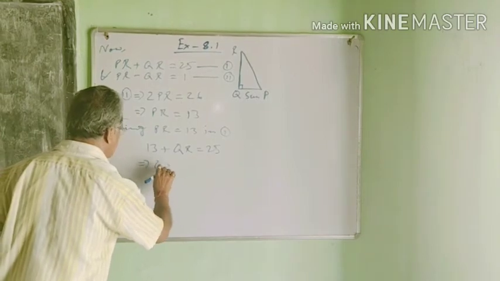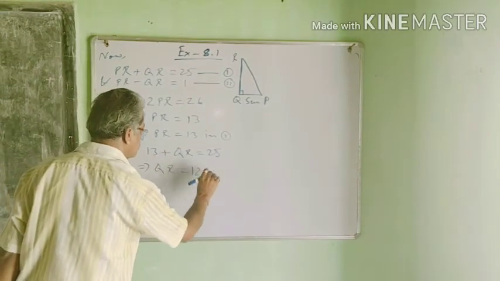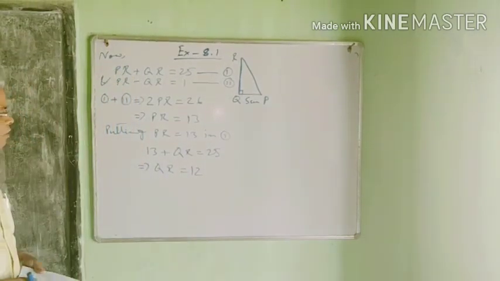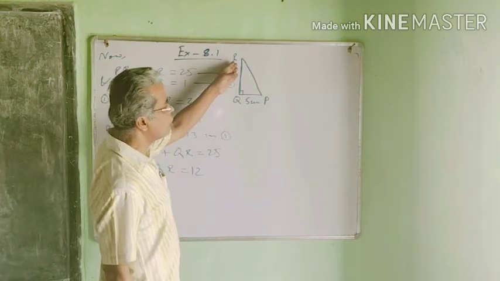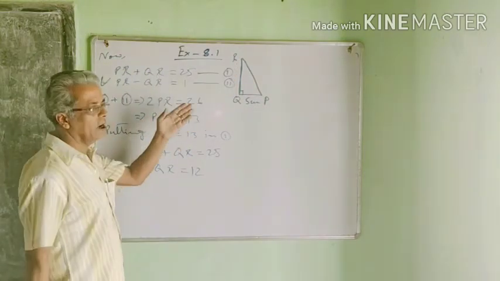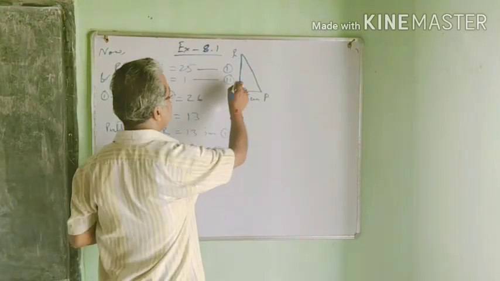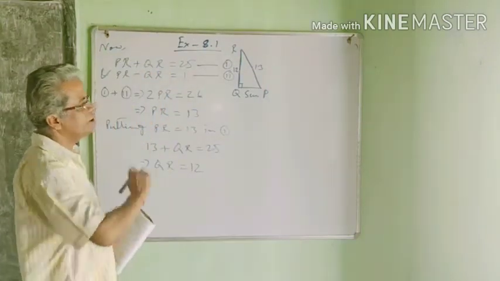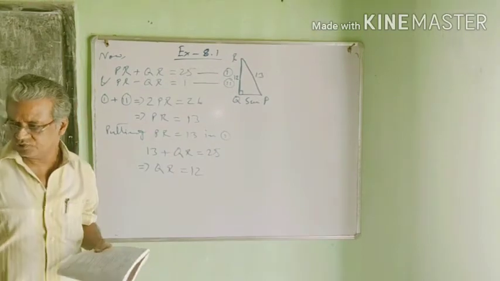It means QR is equal to 25 minus 13, which is 12. Thus we have found out QR is 12 and PR is 13. This is 12 and this is 13 centimeter. Now we can find out easily whatever is given.